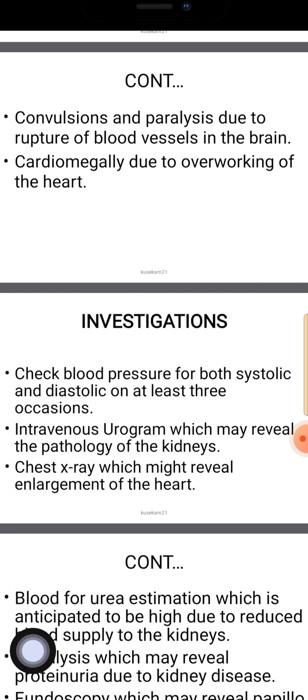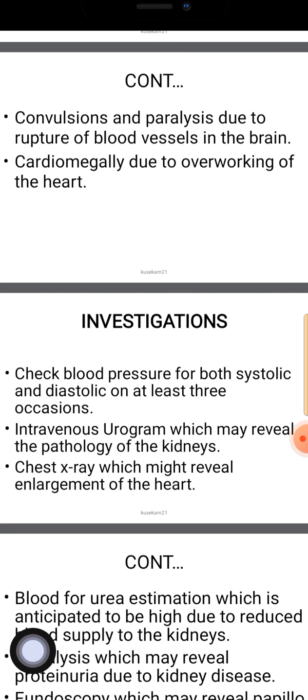Then paralysis: maybe the body parts are not receiving enough oxygen and some other nutrients, so they will be paralyzed because they depend on those elements or nutrients. They depend on blood. Now if there is short blood supply to them, there will be paralysis.